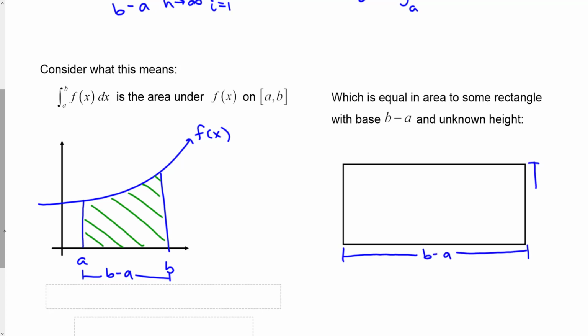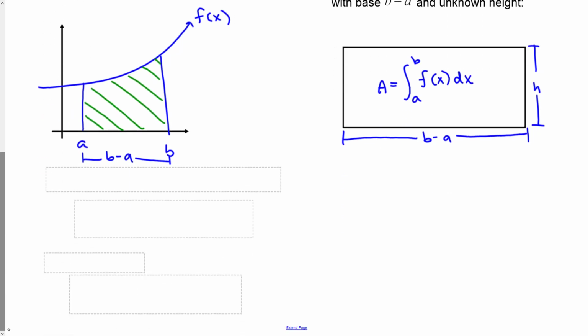However, the area of this rectangle is the integral from a to b of f of x dx. So what we can determine then is, since area is length times height, or length times width, whatever you want to call it, it's two things multiplied.